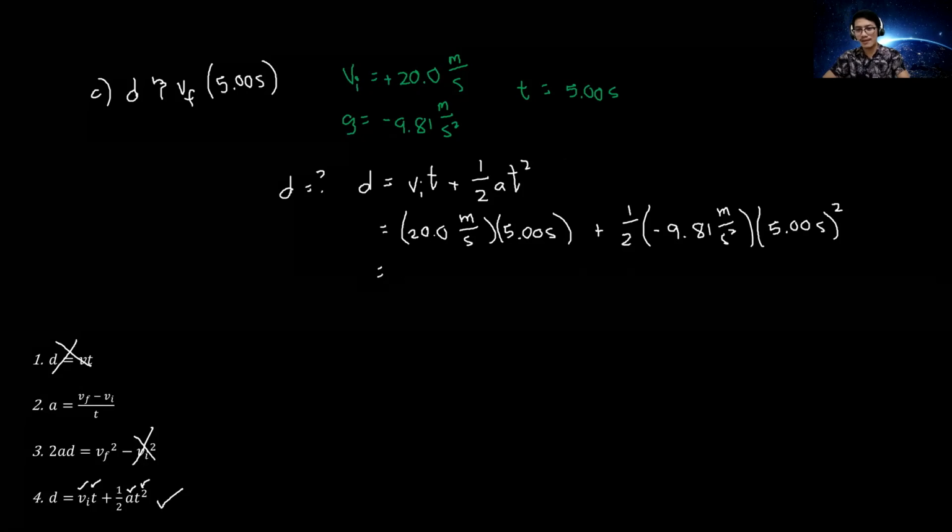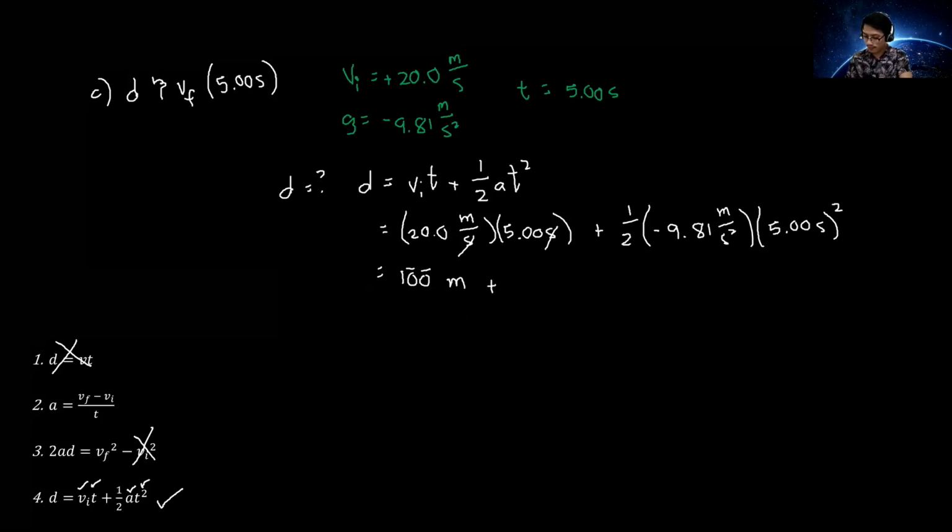Okay? So what is 20 times 5? It is 100. What is the unit? Cancel ang seconds. So meters na lang ang nabilin. And take note how many significant figures? Tatlo. So these zeros are significant. Tatlong zero. So take note of that. Significant ang dalawang zero.